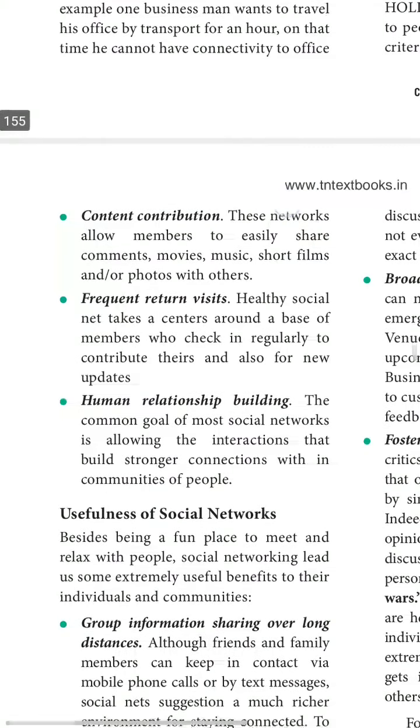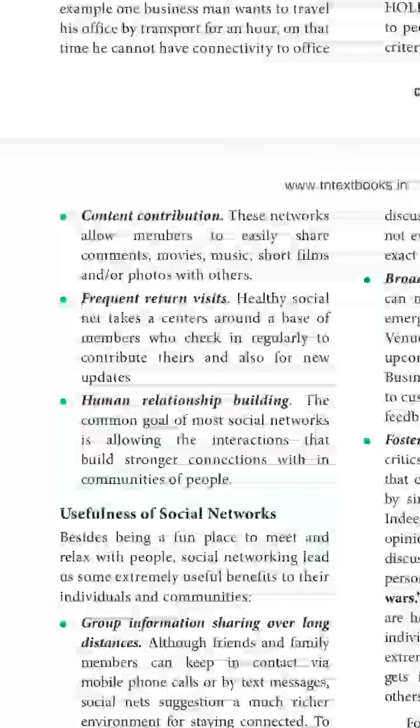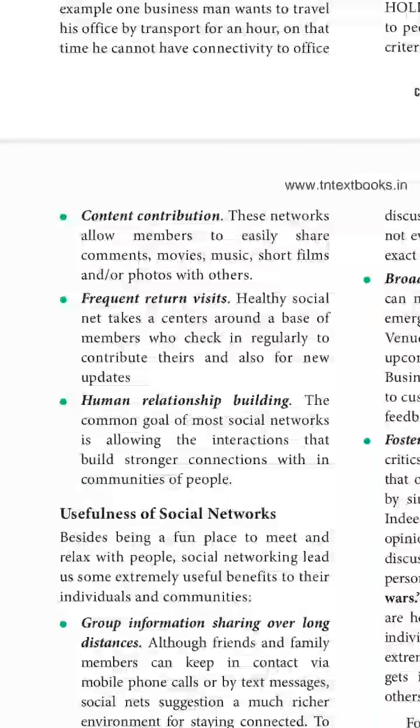Next is frequent return visit. If you are a health professional, then you will be able to monitor the patient by using this network, and you can visit him by using this network as a video conference or e-communication.